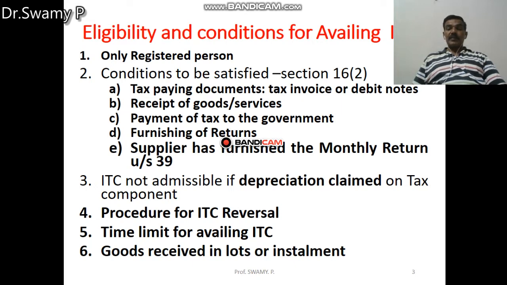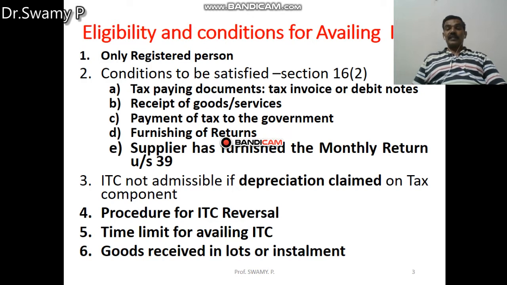Particularly, the recipient of supply is required to file the details of inward supplies. Suppose the supplier uploads or files GSTR1 on the 10th of the next month, then on the 15th of the next month the recipient has to file GSTR2.